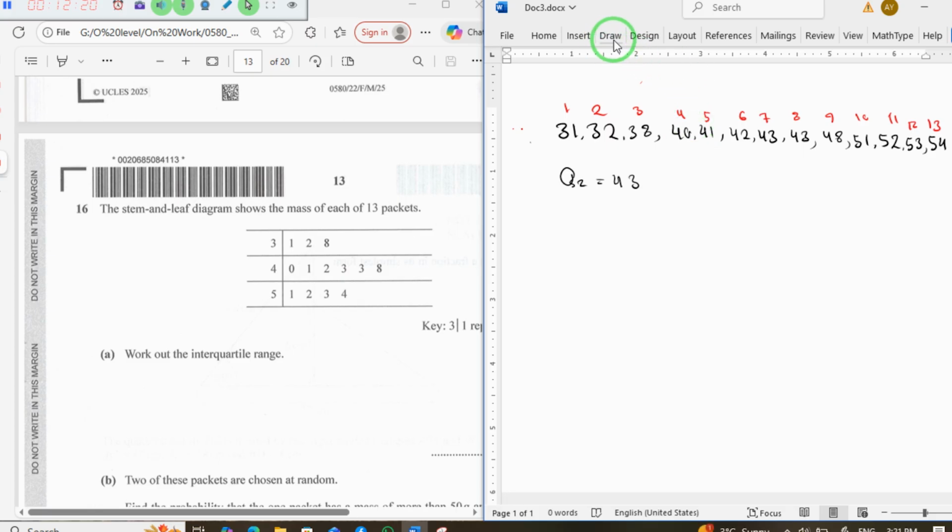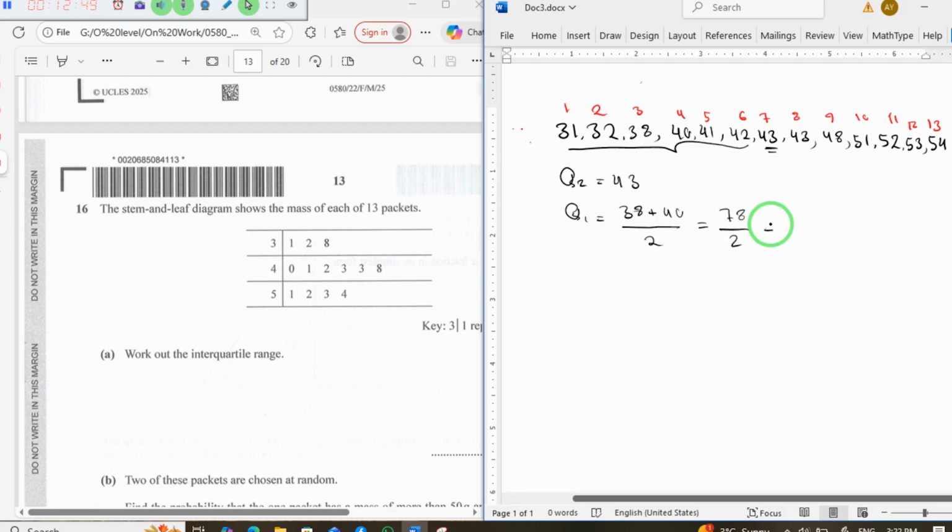Then, because the number of data in each half is 6, we find Q1. Q1 is actually the median of 38 and 40. 38 plus 40 divided by 2, 78 divided by 2, 39.